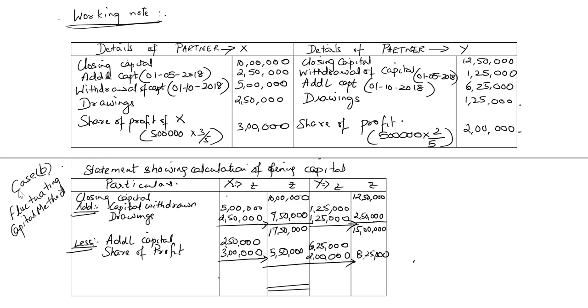The final answer for opening capital in the case of X, it's 17,50,000 minus 5,50,000, which is equal to rupees 12 lakh.